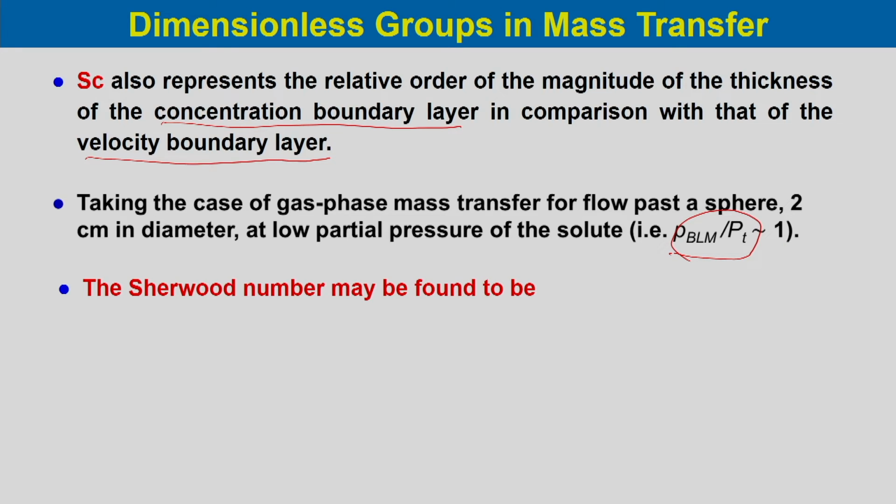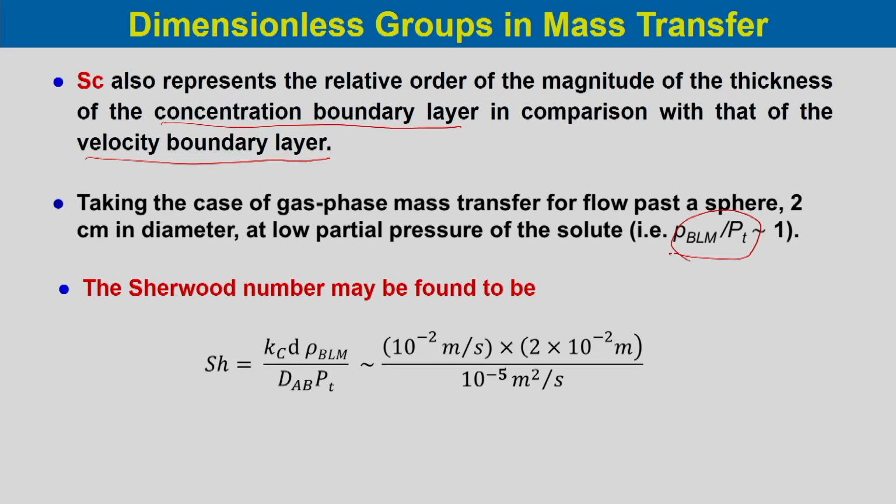In that case, we have Kc as 10 to the power minus 2 meter per second and DAB as 10 to the power minus 5 meter square per second.